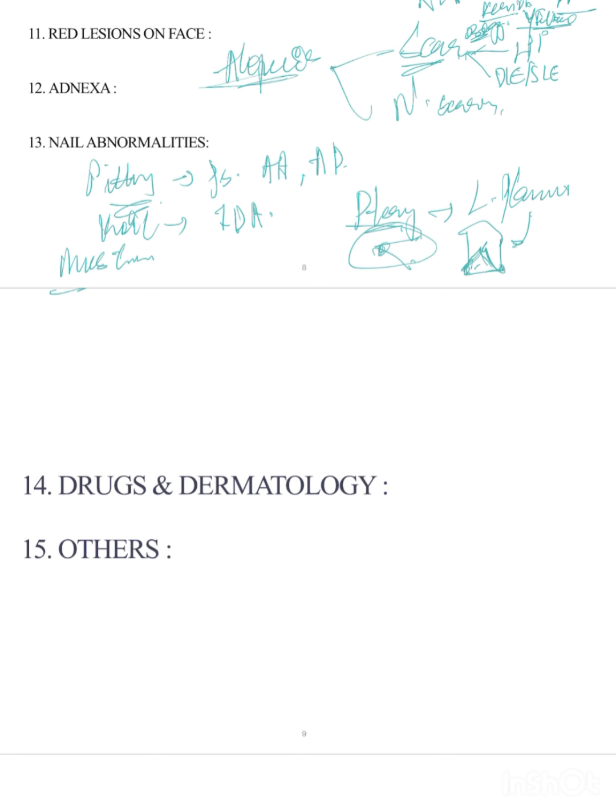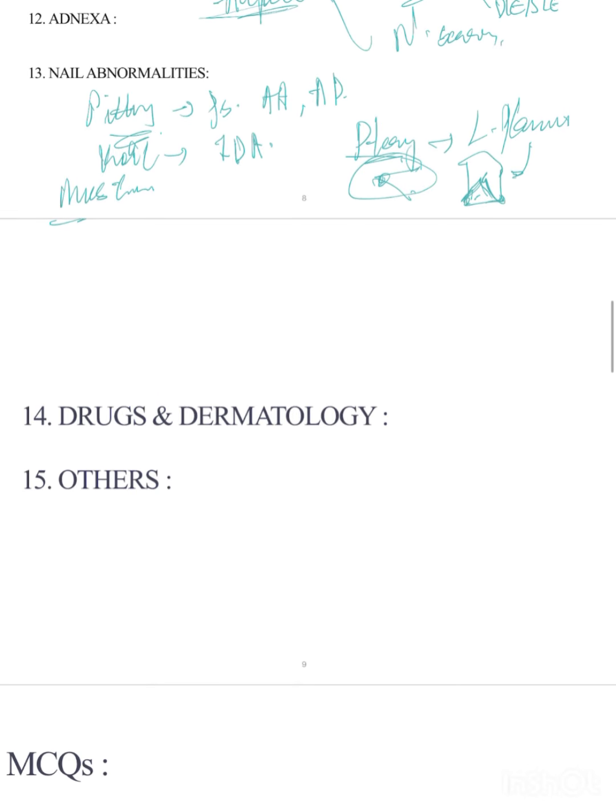Other important stuff will be drugs in dermatology, where for most of this there is nothing much to explain. You just have to go through that. The most important things I would ask you to go through will be drug-induced acne and drug-induced psoriasis, which drugs cause what, and all the drugs of choice I have compiled under one section. The most important one will be tinea capitis, where that's oral griseofulvin.